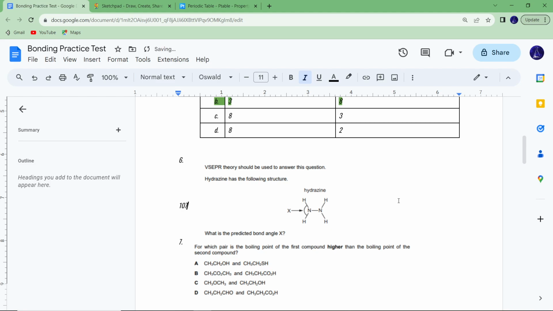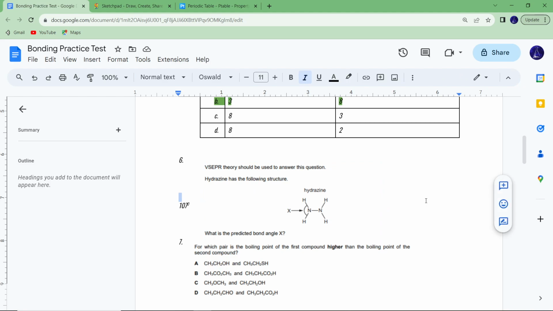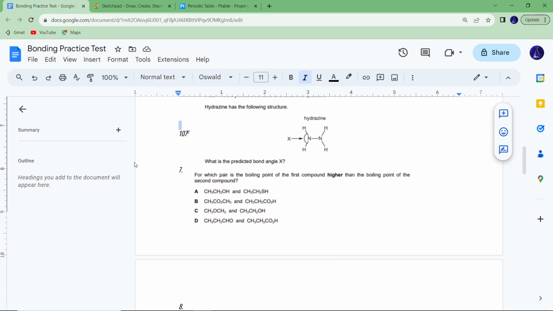And we'll go ahead and put that right there. So we know that this is going to be 107 degrees because we know it's less than 109, and we have to draw our lone pairs to help us figure that out.